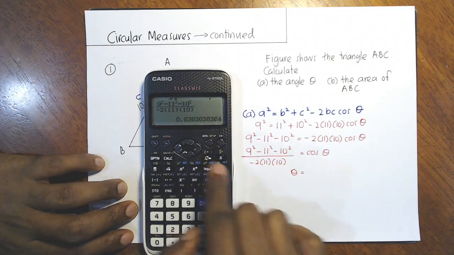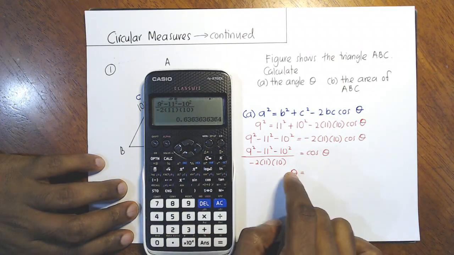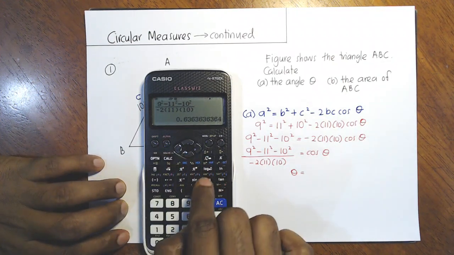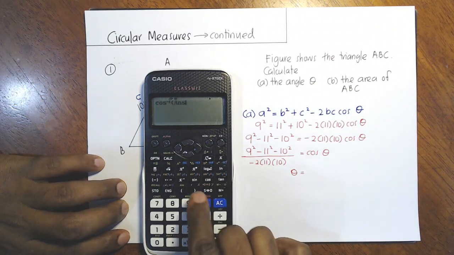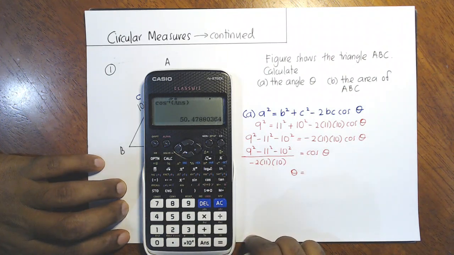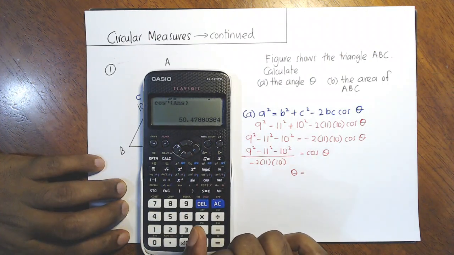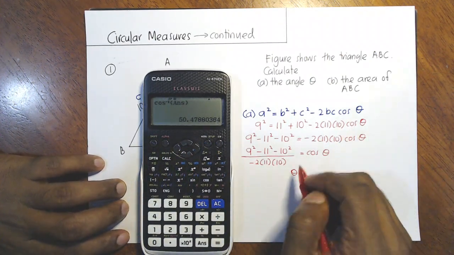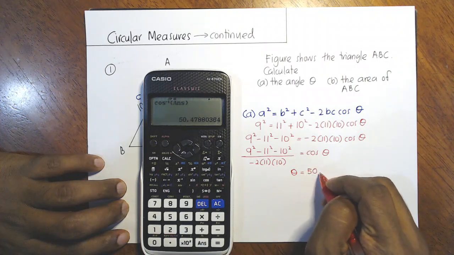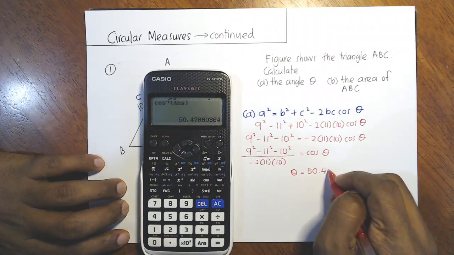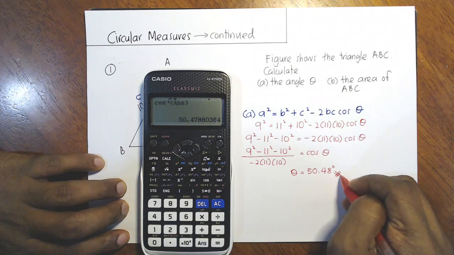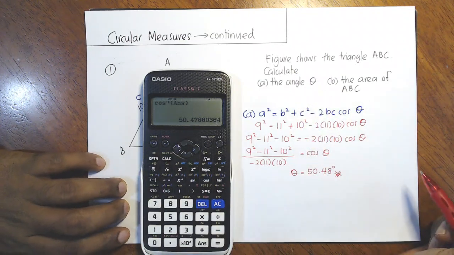So this will be the value for cos theta. You want theta, so you do shift cos. Answer equals to 50.48. Now angles we take 2 decimal places, enough. So this will be 50.48 degrees. That will be your angle theta.